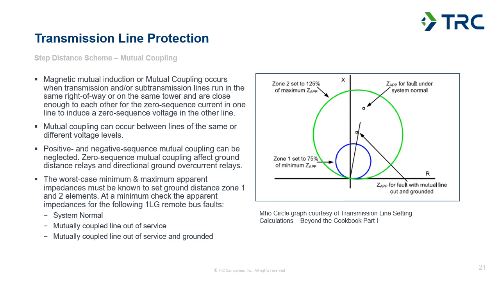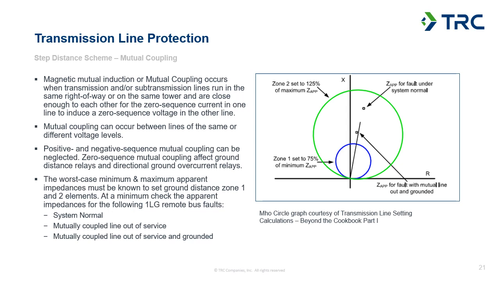The worst case minimum and maximum apparent impedances for the relay need to be looked at, so we can understand if we've got an issue where the zone 1 relay may be overreaching in certain cases. We also can have cases where the zone 2 relay may be underreaching in certain cases.